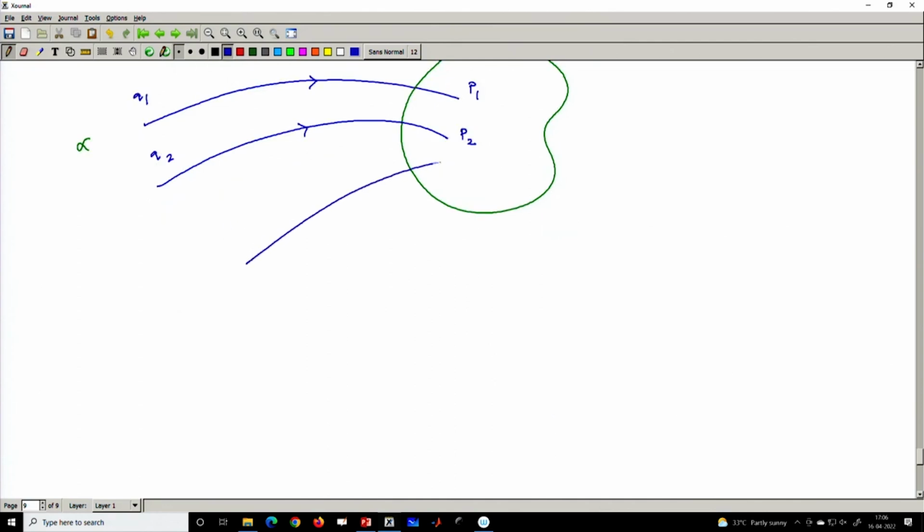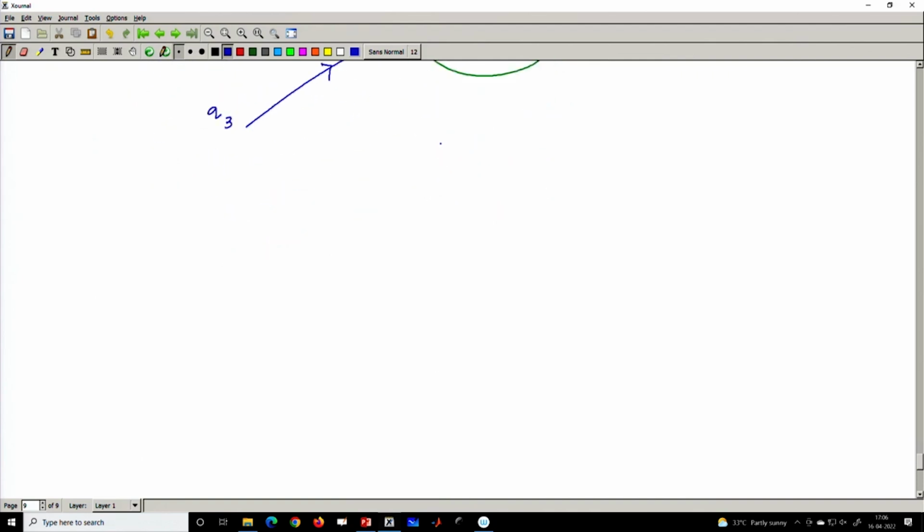Then I bring another charged particle, say Q3, to the P3 point, and again when I bring this charged particle Q3, the charged particles at P1 and P2 are already there. So, we need to do the work against that. So, that will be stored.